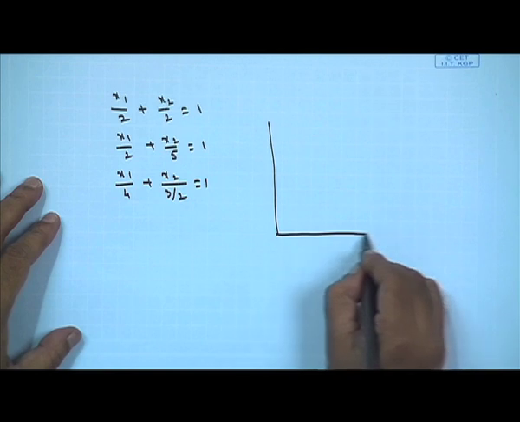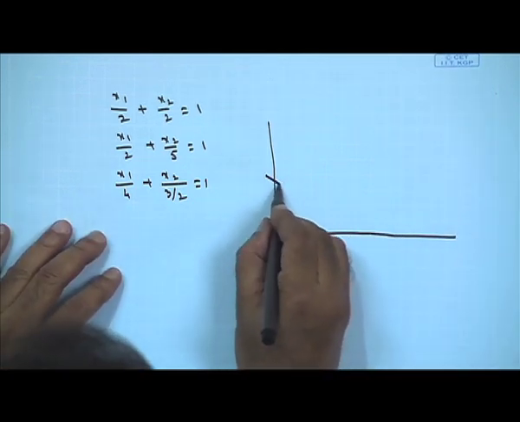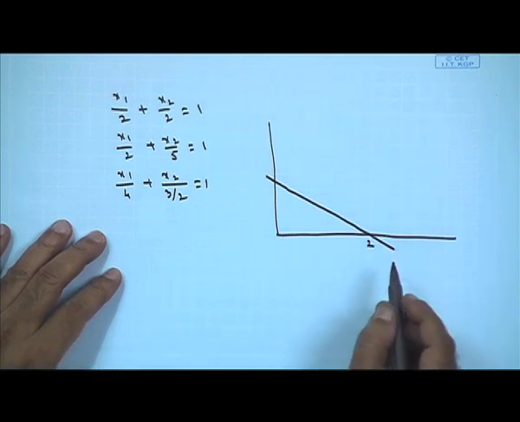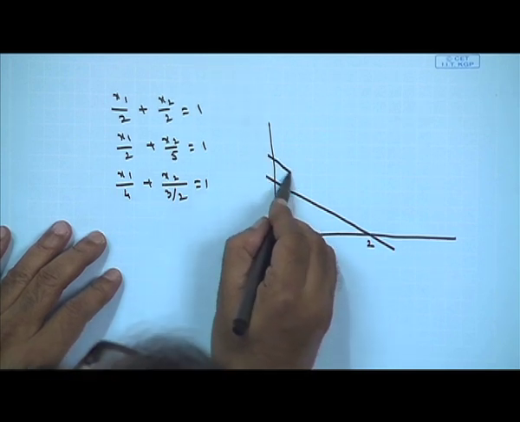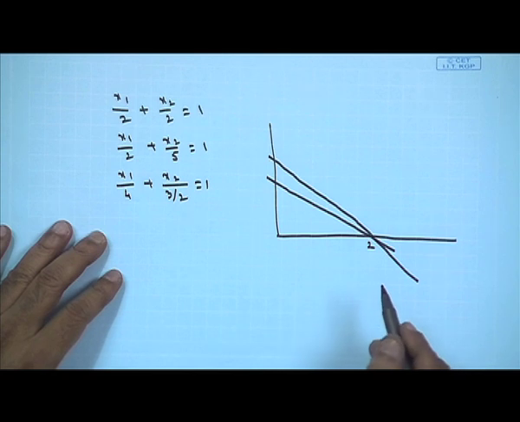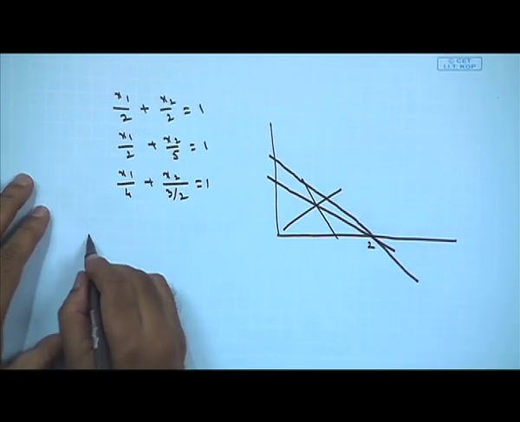If I draw something like this, there will be a line which will go through this point 2, there will be another line which will go through 2 and 2 like this. I am sorry, I have not drawn it correctly, this is not correct.